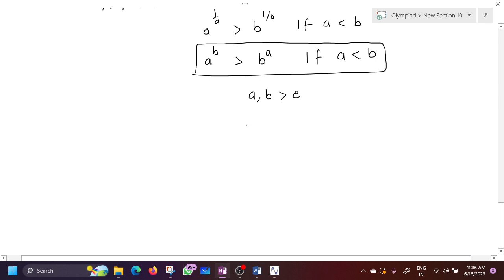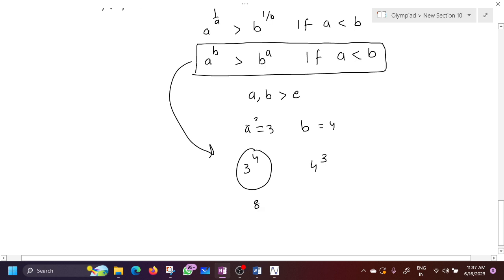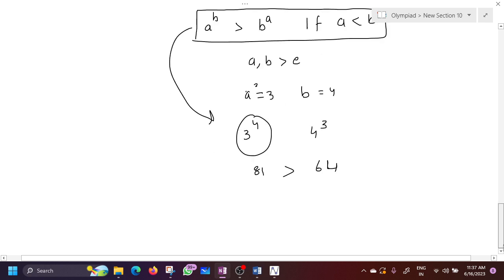So let's take a is equal to 3 and b is equal to 4 and check whether 3 power 4 is greater or 4 power 3 is greater. Now obviously if we follow our result, we can say directly that 3 power 4 will be greater. Now let's check it. It is 81 and this is 64. So which holds? Very good.